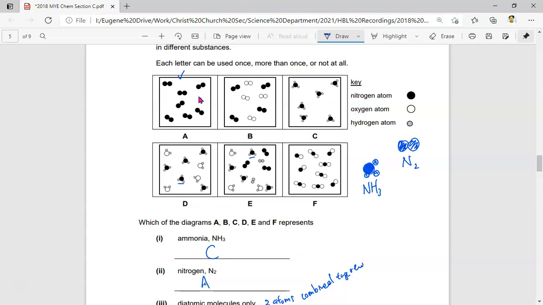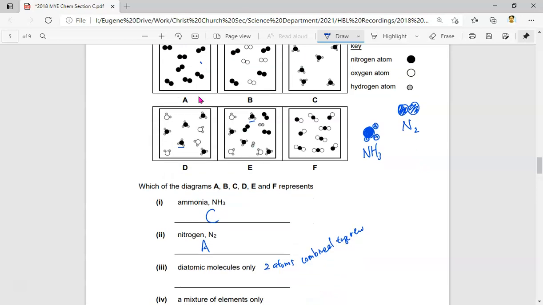This one, same. This one also diatomic. This one here, you realize is more than 2 combined together. So this one is not. More than 2, more than 2. This one got 2, got 3. So therefore, which one consists of diatomic molecules only? This one is where you have 2 possible answers, A and B.